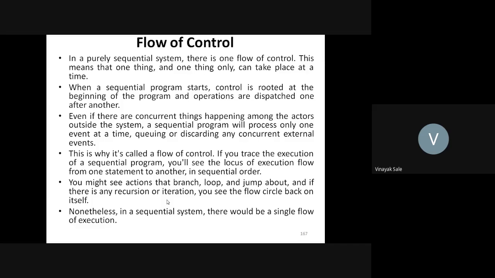Now flow of control. In a purely sequential system, there is one flow of control, that is, one thing and one thing only can take place at a time. When a sequential program starts, control is rooted at the beginning of the program and operations are dispatched one after another.